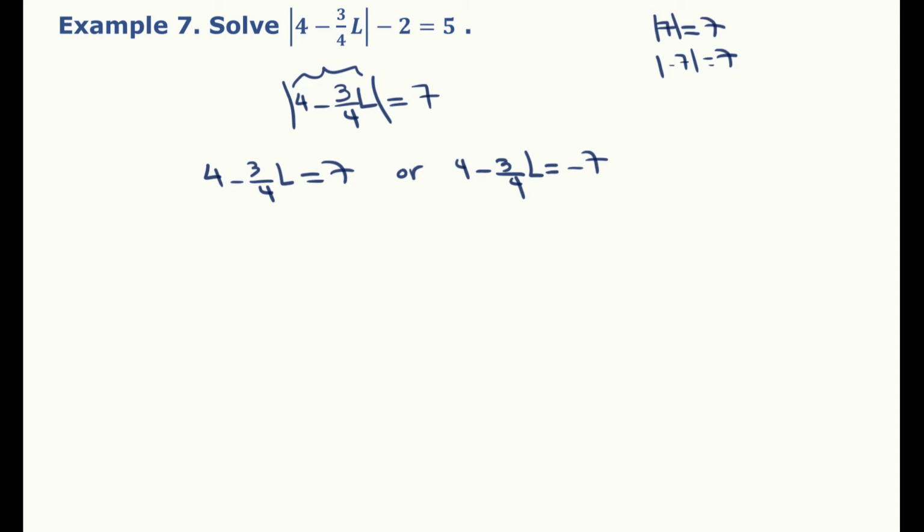We'll go ahead and clear the fractions by multiplying both sides by 4. Remember, because we're going to distribute, every term is going to get multiplied by 4. And of course we can do the same thing on this side. So now we end up with some cancellation over here. So this will cancel that, and this 4 will cancel that 4.